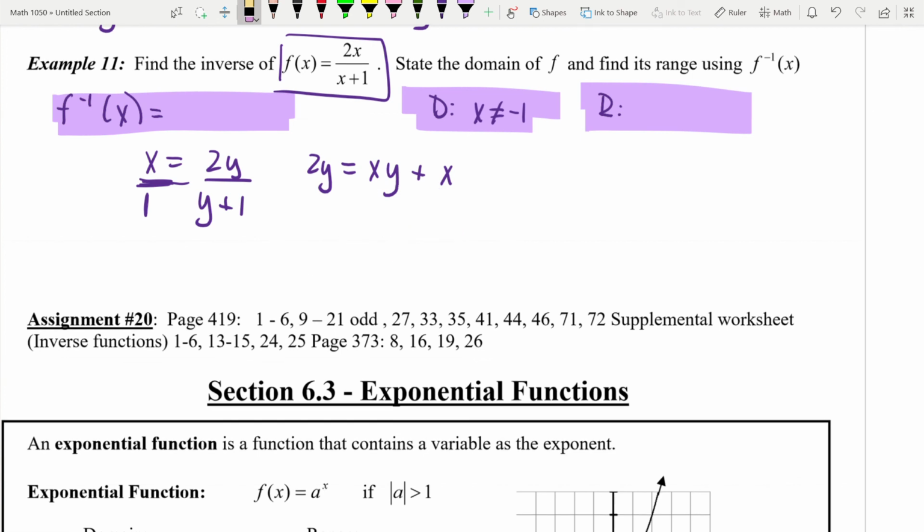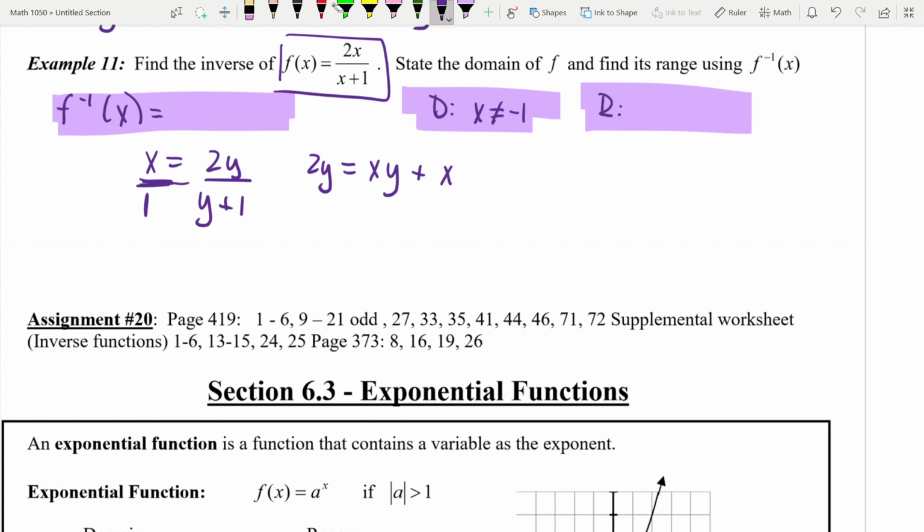So that is not right. Okay? Someone tell me what to do. Any ideas? This is kind of tough and you're going to see it often. Go ahead. You're exactly right. She said, move over the xy. So what you do is everything that has a y goes on one side, and everything that doesn't have a y goes on the other.